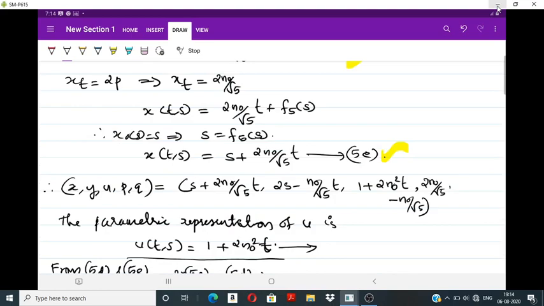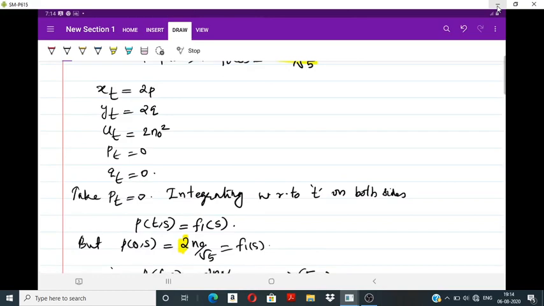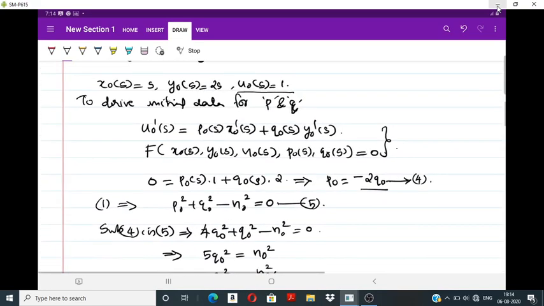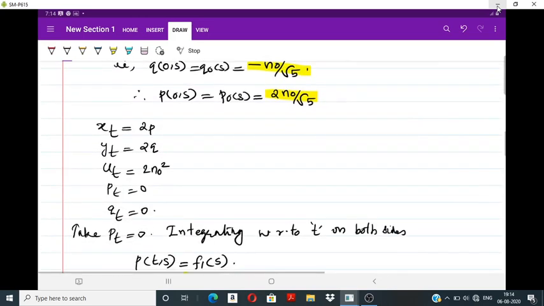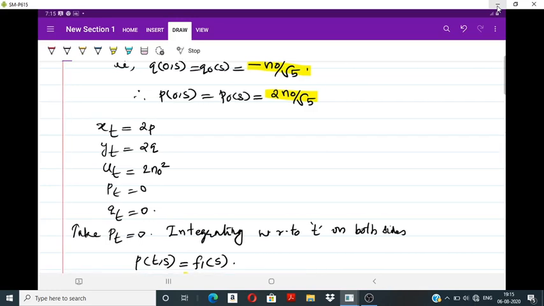Hence, for solving first order nonlinear problems, first of all we have to write the characteristic equations, find the characteristic equations, and then find the 5 initial conditions. Three of them, the initial conditions for x, y, u, will be obtained from the given problem itself.